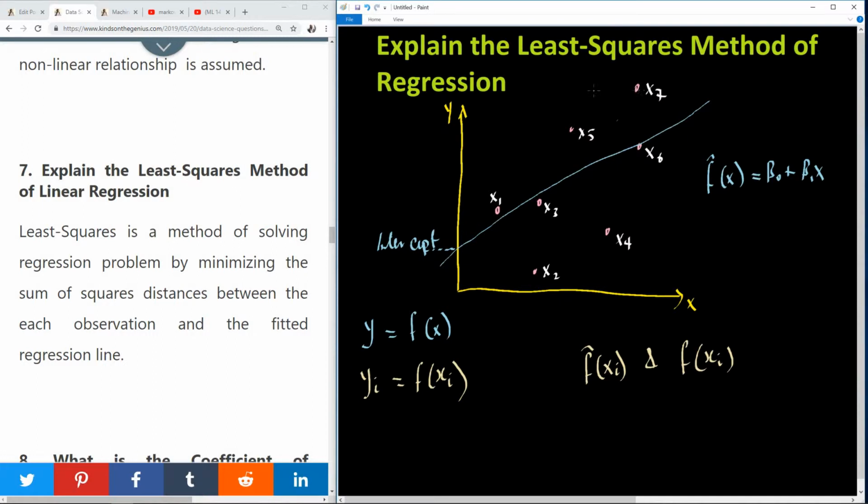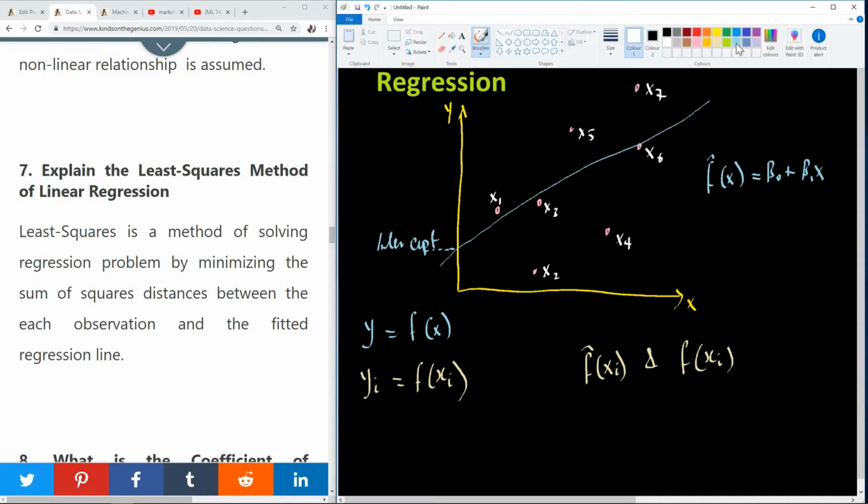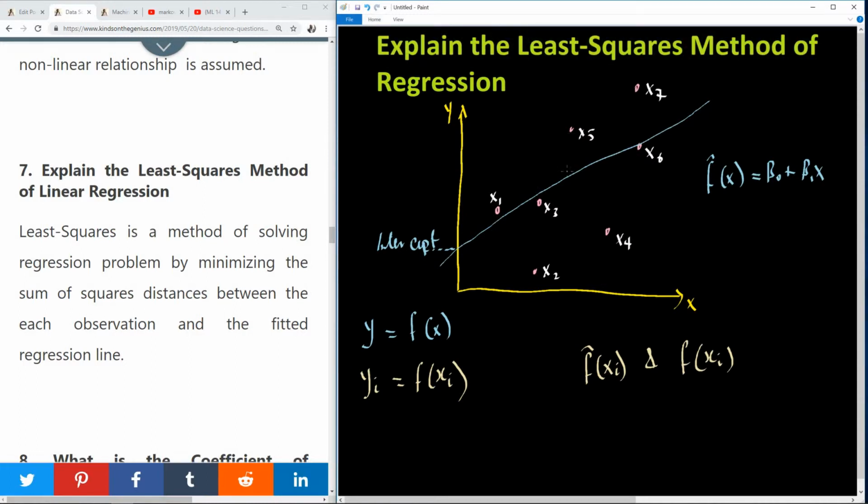Now what we are going to calculate is the distance from each data point to our regression line. We are interested in this distance from here to here, because that is the error that we have. We are interested in this distance here, this one as well, this distance here, this distance here, and this distance right here.